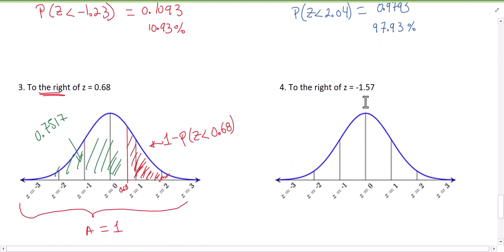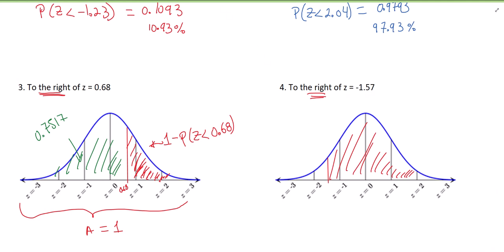Now for this one, to the right of z equals negative 1.57. So where is negative 1.57? So negative 1.57 is between negative 1 and negative 2. So somewhere over here, and we want the area to the right. So that means we still want this area to the right.